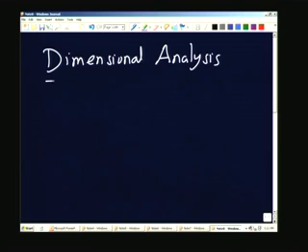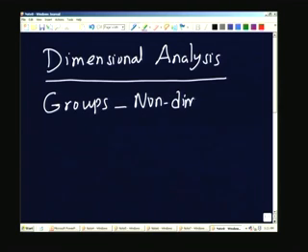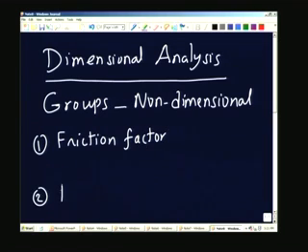This is taught in the course on fluid mechanics, and I will simply assume that such an analysis can be done, and the basic idea of dimensional analysis is to go for what are called non-dimensional groups. And in fact, in the present problem, only two groups will be involved. One, the friction factor, and the second one is called the Reynolds number.